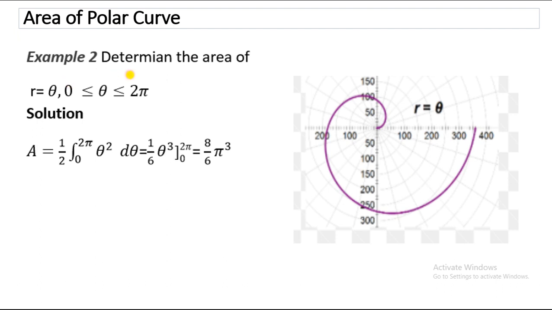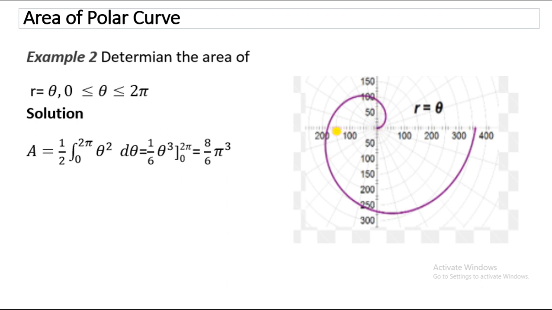Example 2. Determine the area of r equal theta, theta from 0 until 2 pi. First, I want to sketch this graph. If theta equals 0, r equals 0. If theta equals pi over 2, r equals pi over 2, at 90 degrees.